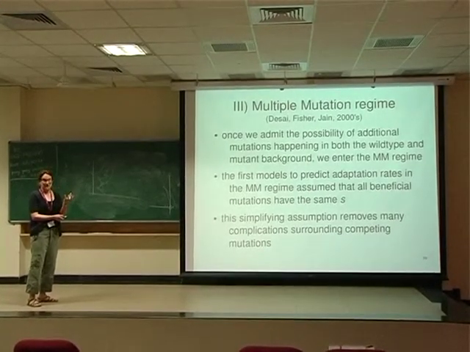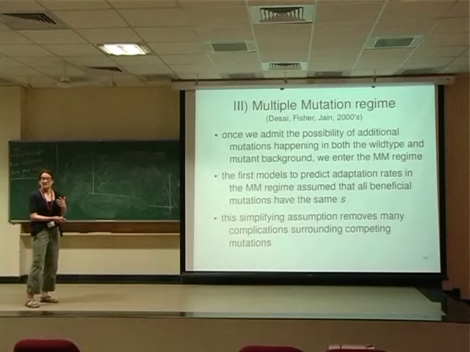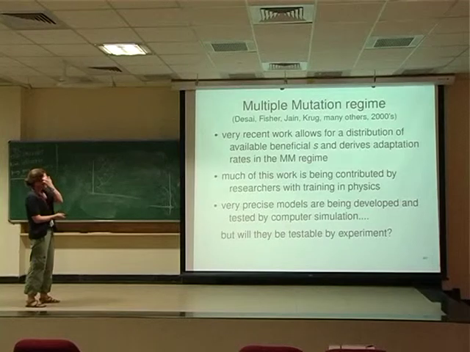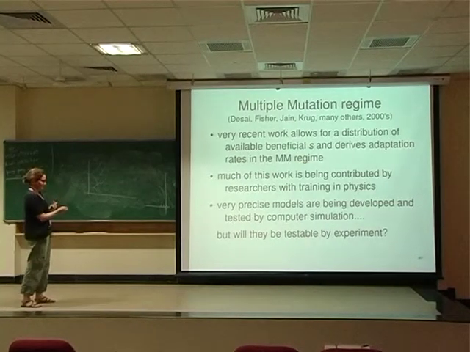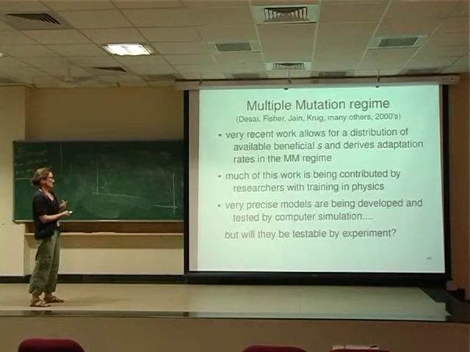It makes the math much easier to handle, and it removes the complication surrounding competing mutations of different size and who's going to win. There's more recent work that allows for a distribution of mutations with different S values.